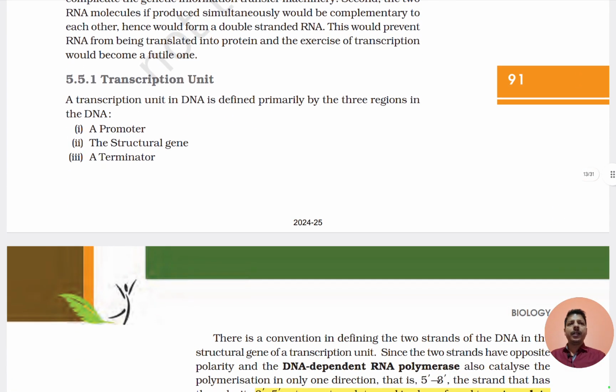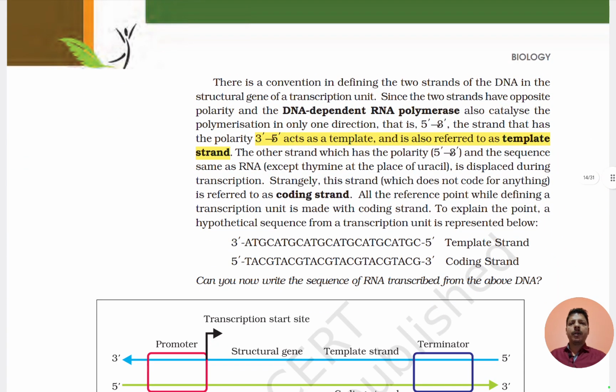Coming to the transcription unit, a transcription unit of DNA is defined primarily by 3 regions: promoter, structural gene and terminator. Coming to the promoter, there is a convention in defining the two strands of the DNA in the structural gene of a transcription unit. Since the two strands have opposite polarity, the DNA dependent RNA polymerase also catalyzes the polymerization in only one direction, that is only 5' to 3'.